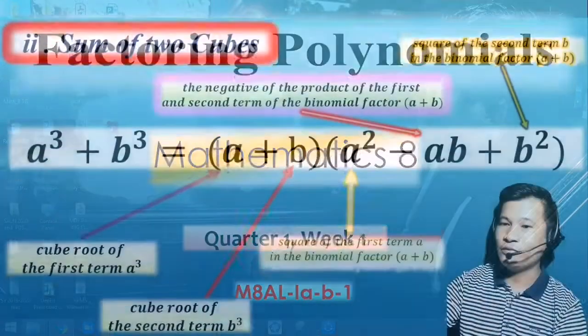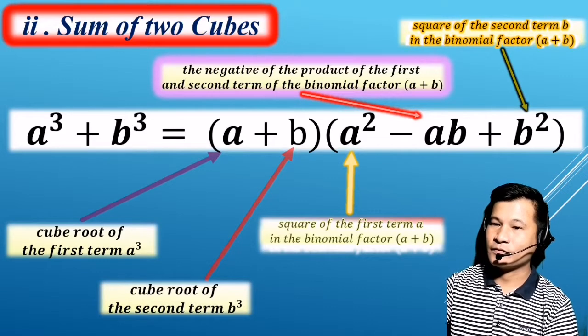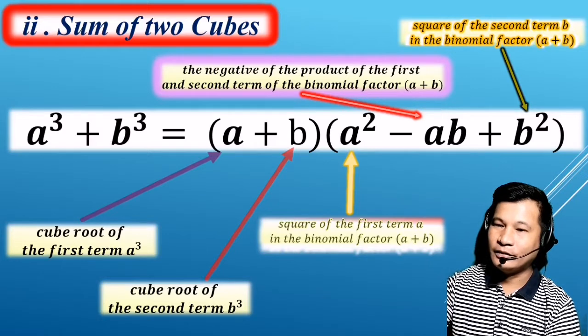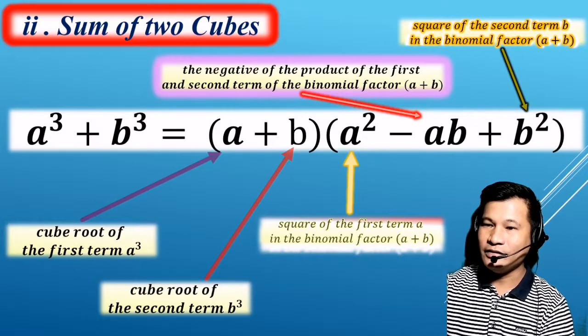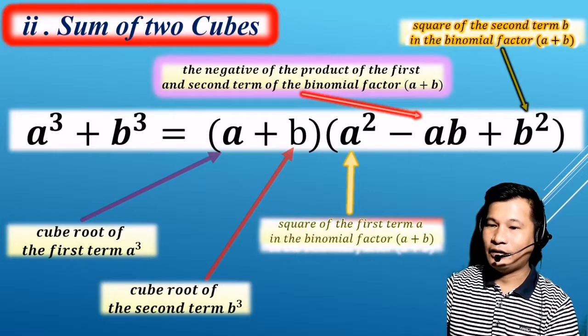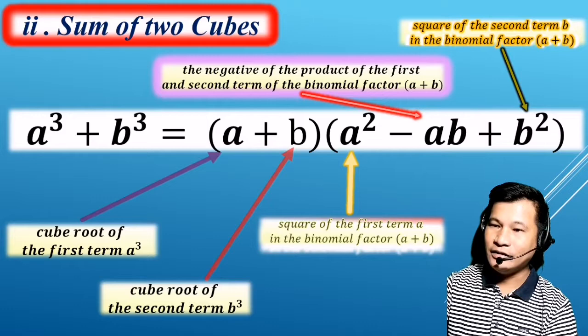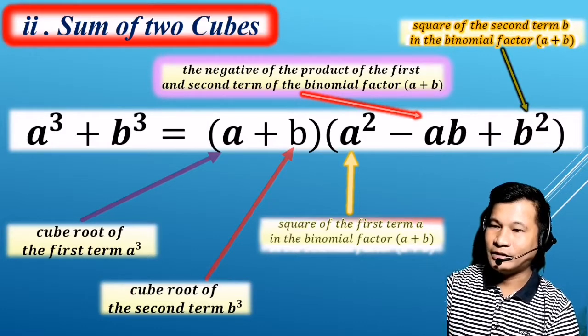For the sum of two cubes, like a cube plus b cube, for the binomial factor, you have to get the cube root of the first term a cube, that is a, and then get the cube root of the second term b cube, that is b. So we now have the binomial factor a plus b.